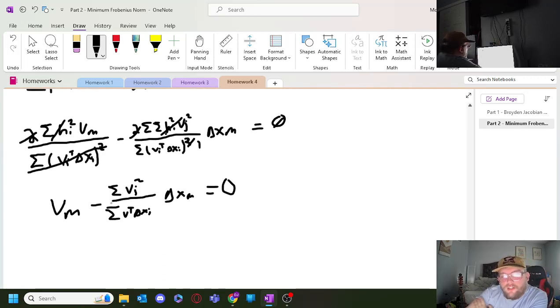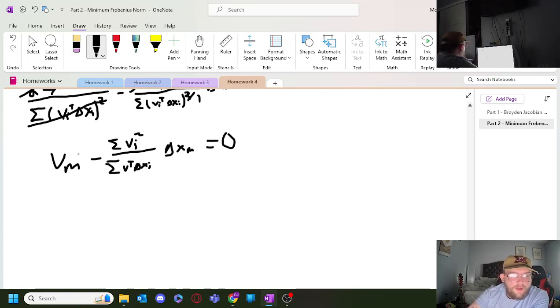So, what Broyden did, that's kind of genius here, is he knows that this vector v and that this vector delta x are going in the same direction. So, you can have another vector, which we'll just call alpha, and that will get you your delta x. Or that will translate your delta x to v.